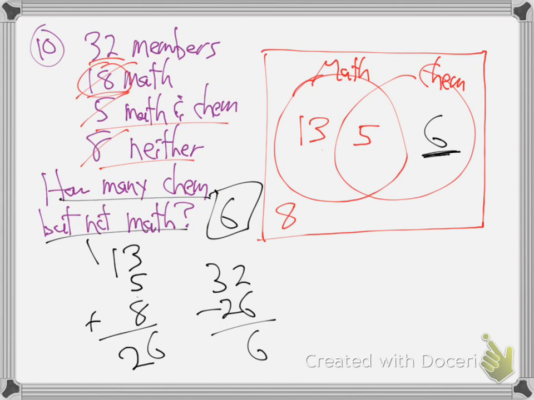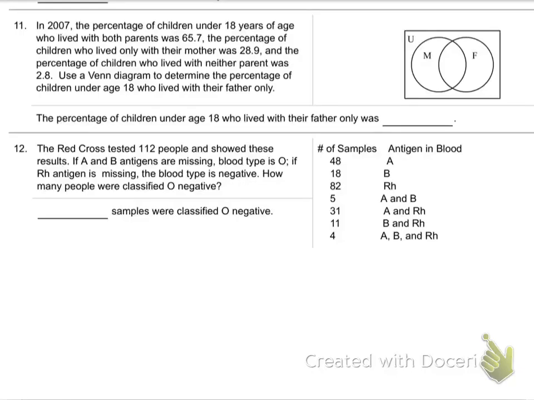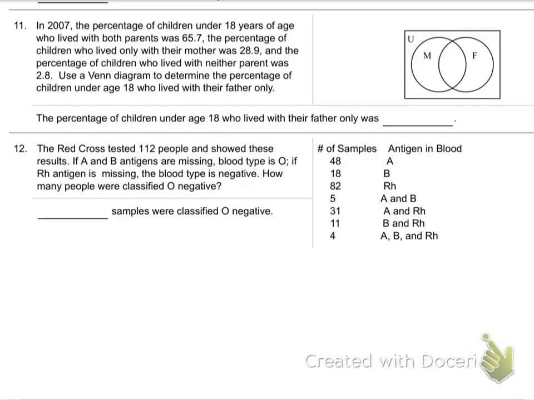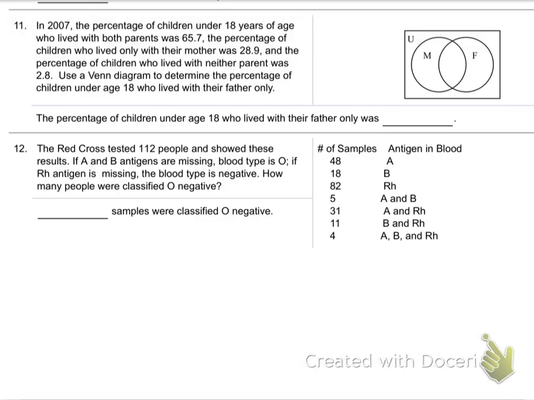If you've got that down, I'll move on. I want to get to number 11, so I'm going to draw fresh information for you. Both parents, 65.7 percent. This is children who live with both parents or one parent or the other.